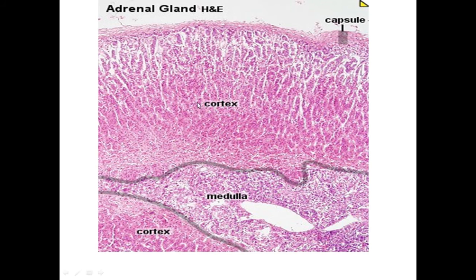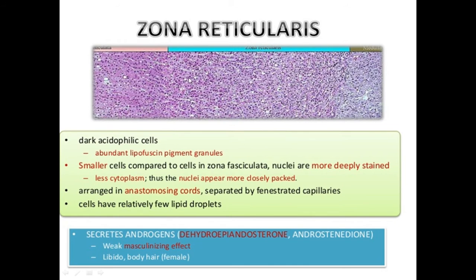In this cut section, we can easily identify the column-shaped arrangement of the zona fasciculata perpendicular to the capsule of the gland. Then the inner population is the reticularis.